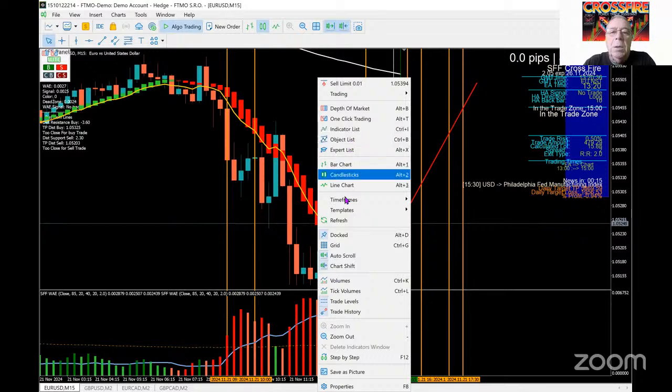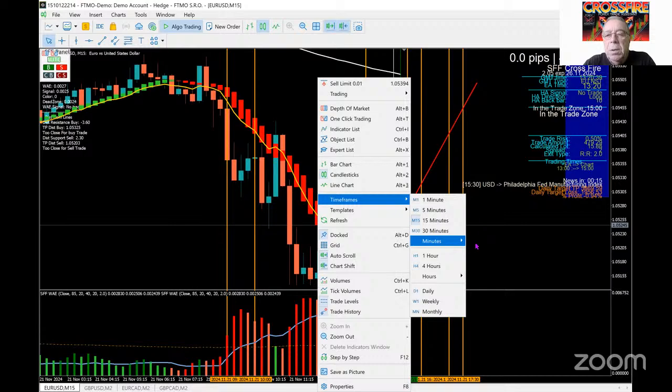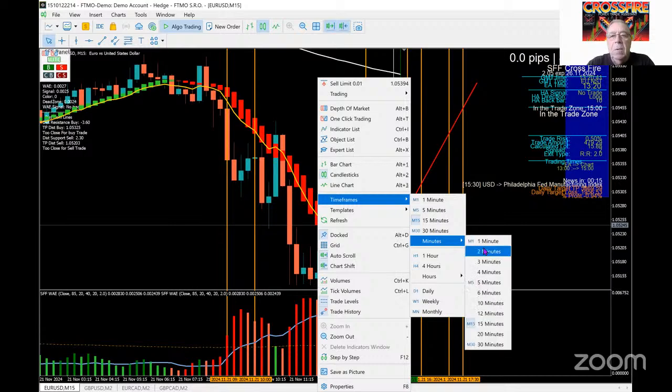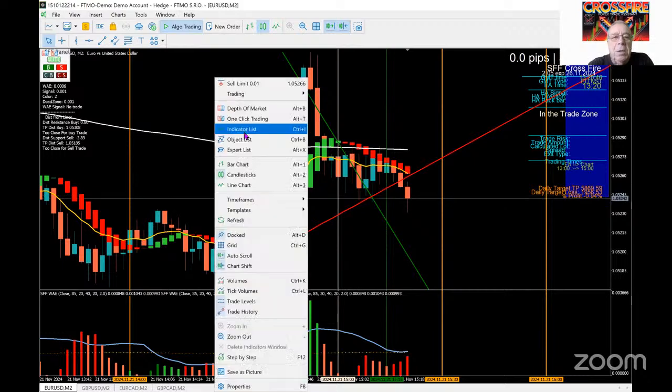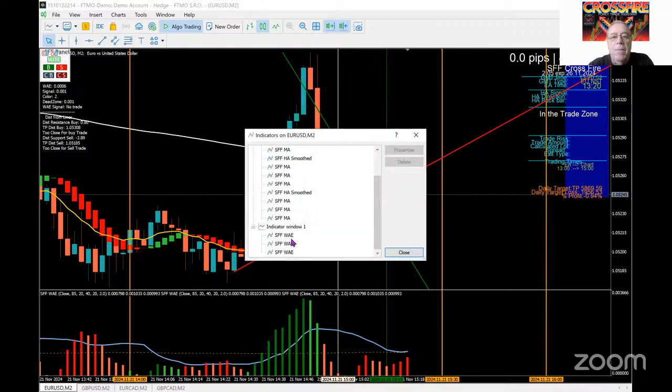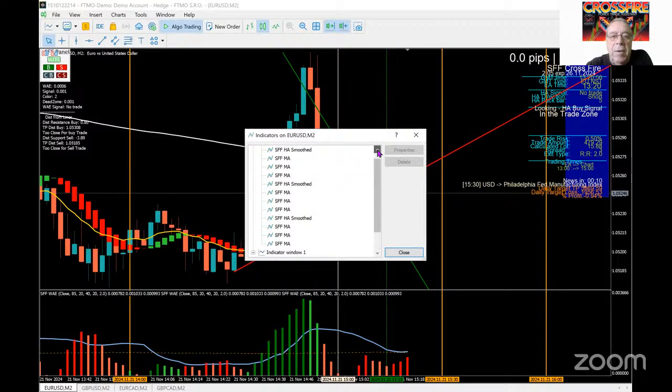So if I go back to time frames, minutes, 2 minutes. Okay, so I'm back to where I was. Let me just right click and look at the indicators, because I've changed the chart, so you can see we've actually got 3 versions of everything now. That's something that Oliver's working on, and that shouldn't continue for much longer.